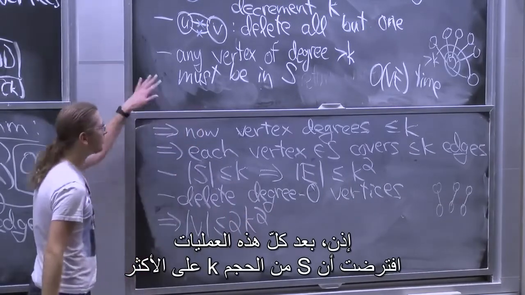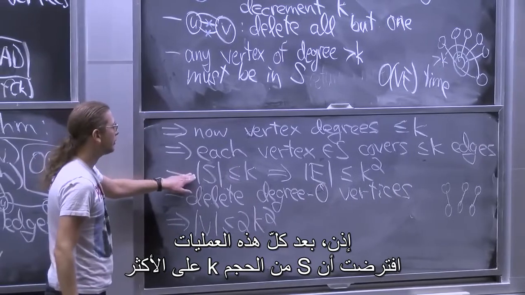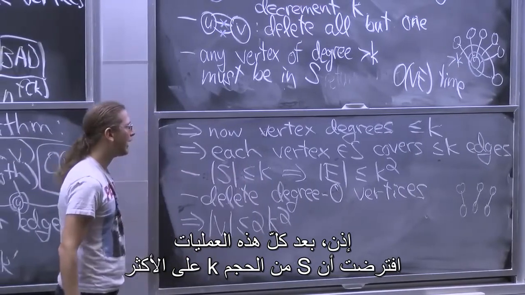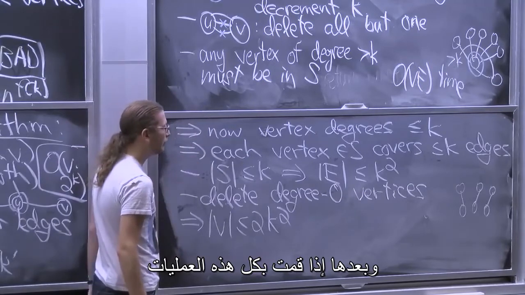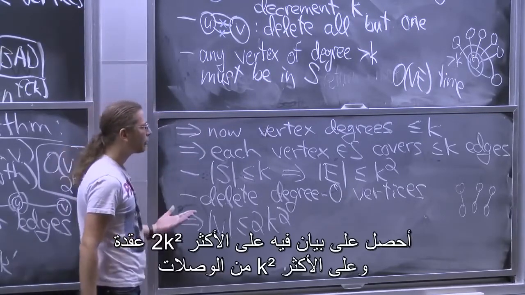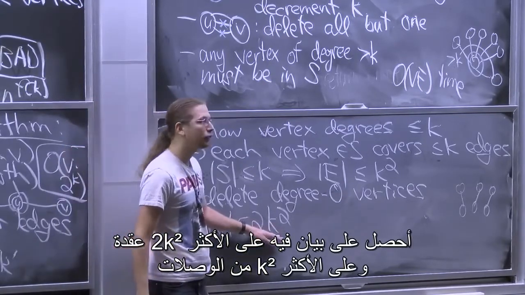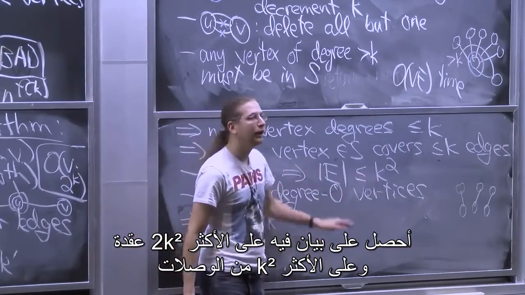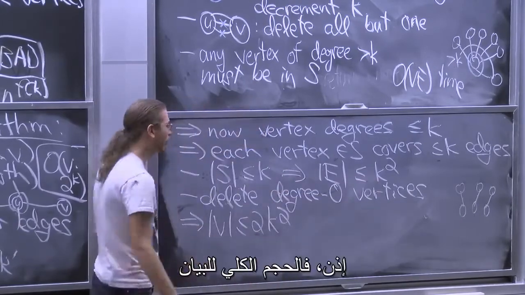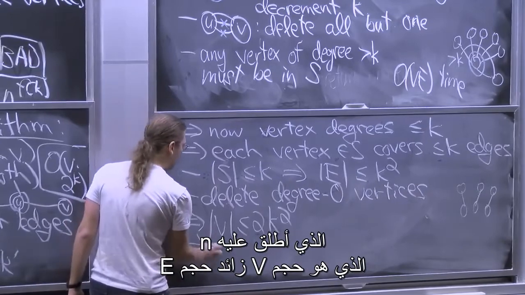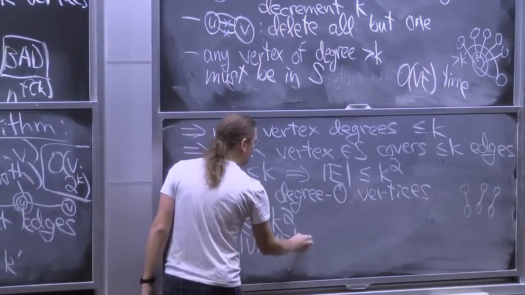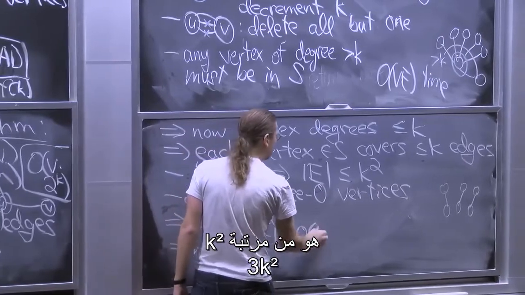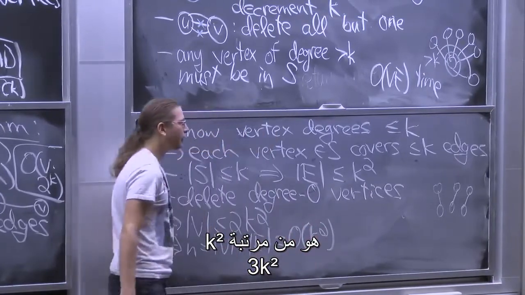So after all of these operations, I assumed that S was size at most k. And then if I do all of these operations, I get a graph with at most 2k squared vertices and at most k squared edges. So the total size of the graph, which I'm calling n, which is size of V plus size of E, is order k squared, 3k squared.